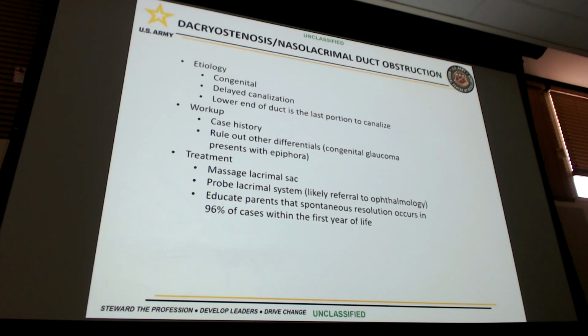It actually opens up throughout the first year of the patient's life in about 96% of those cases. It will just open up. As that skull grows, that duct will start to open up spontaneously. If it doesn't, then you're going to punt to ophthalmology, and they're going to do one of the most gruesome surgeries that we have.